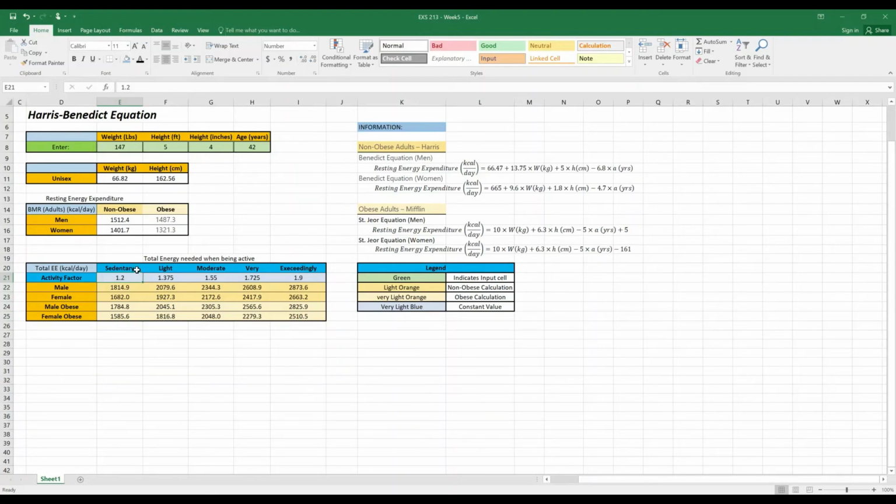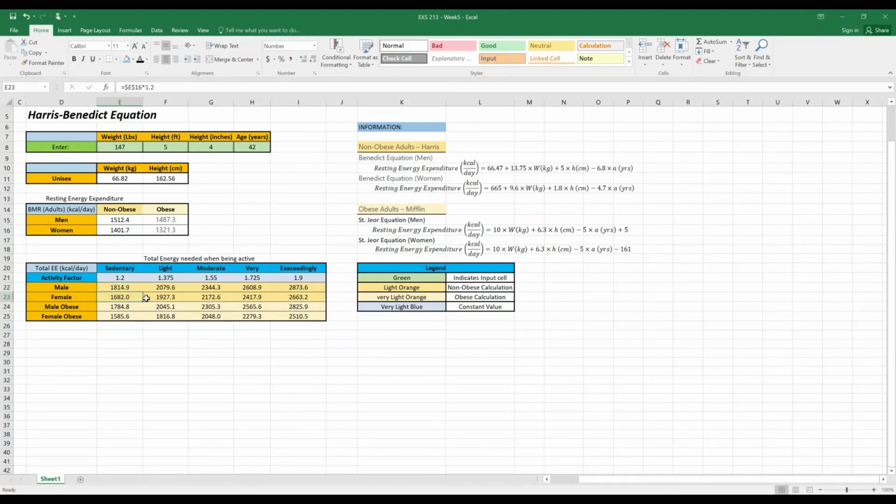So we have the sedentary, light activity, moderate activity, very active, exceedingly active, and what it does is it actually takes this value and multiplies it by these different cells. So even if this was a male at that height, at that age, we could convert it and use it right here.